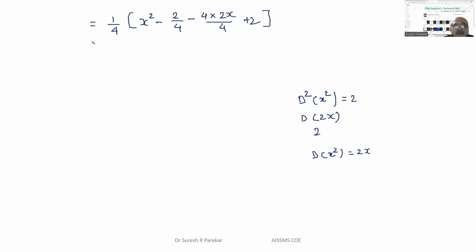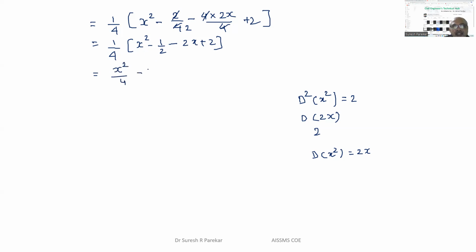And then from this you can see we have 1 by 4 in bracket x square minus 1 by 2. This 2 gets cancelled with these 2. So this is 1 by 2. Then minus, this 4 gets cancelled, so we have minus 2x plus 2. And then if you solve this, we have x square by 4.